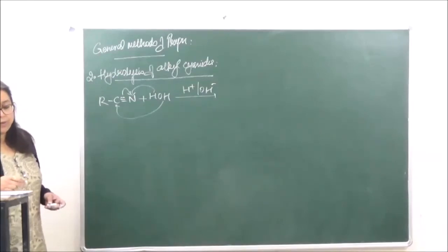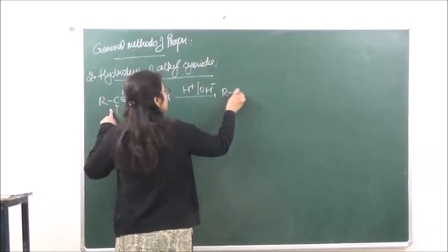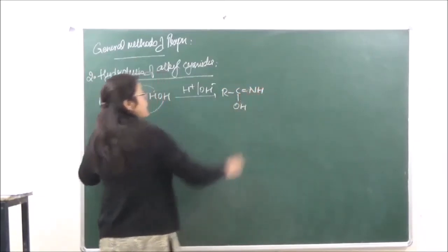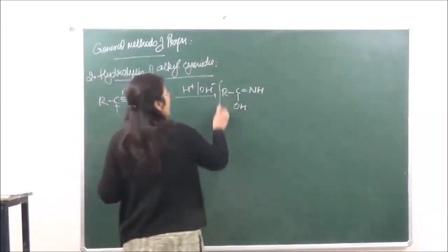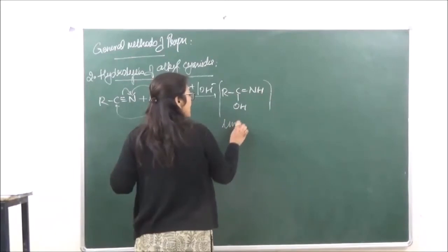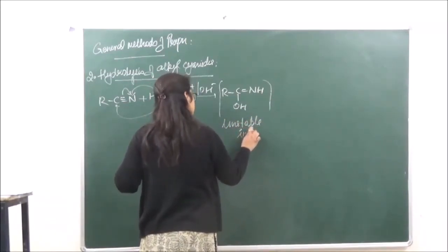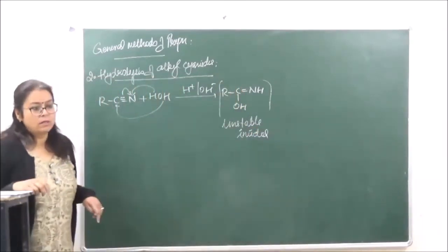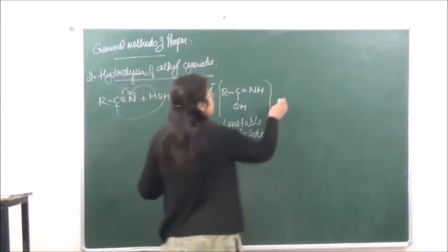So what is going to be that addition product which we have over here? We have RC(OH)=NH. Now this addition product is known as an unstable imidol. Okay, then its rearrangement takes place.